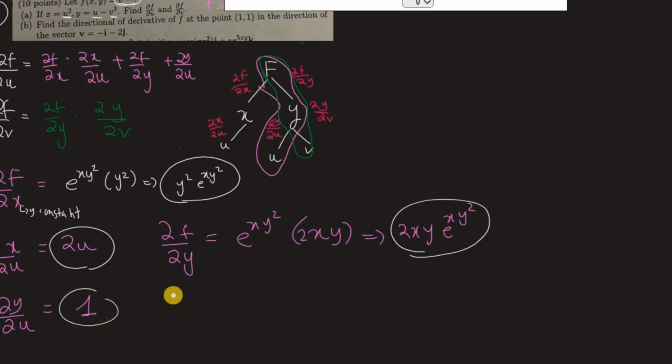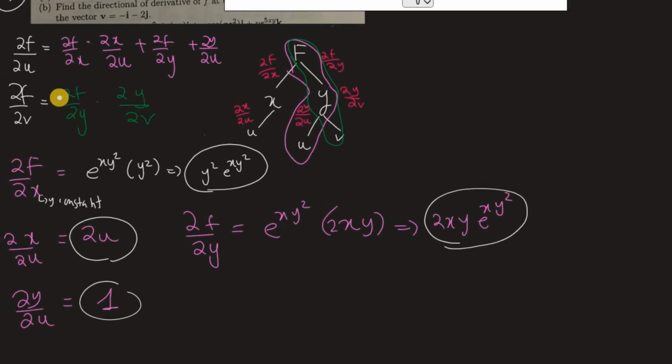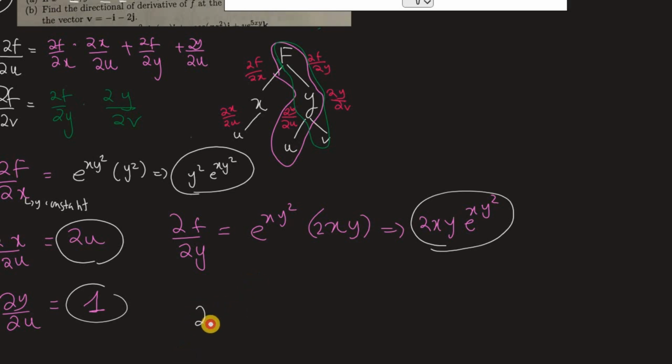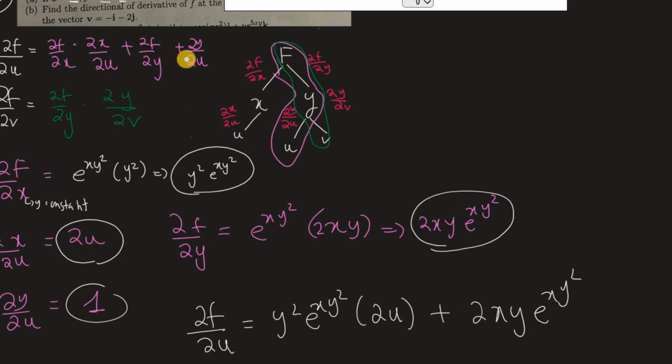Now let's put everything together and finally find the partial derivative of f with respect to u. f with x is y^2 e^(xy^2), and then we have x with u, which is 2u, and then plus f with y, which we got as 2xy e^(xy^2), and then y with u, we got 1.